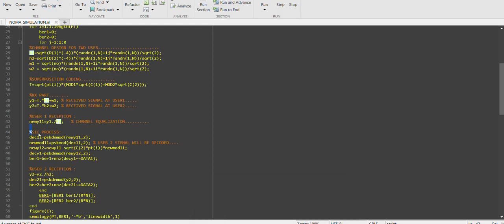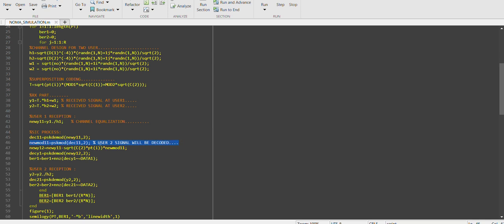Here I have shown you the SIC process, how the SIC will be done. At first, user 1 does direct demodulation of the received signal, right? After the direct demodulation, the demodulated data will be modulated again.